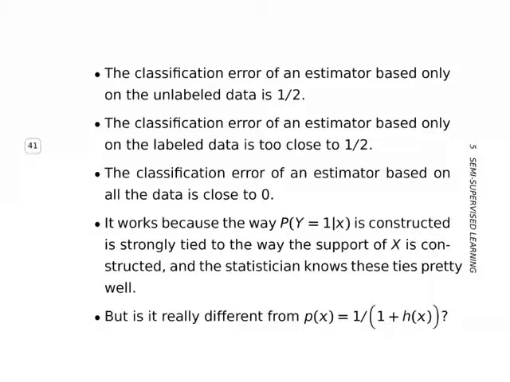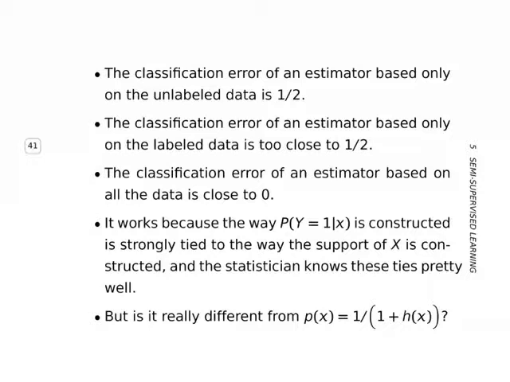As it's written is true. You cannot do anything based on the unlabeled data. You can do very poorly based on the labeled data. But if you combine the two, you get a classification error which is very close to 0. Half, just to be on the safe side, half is just the worst you can get.